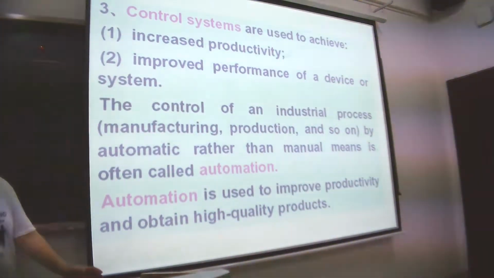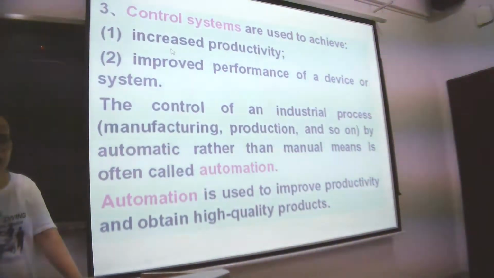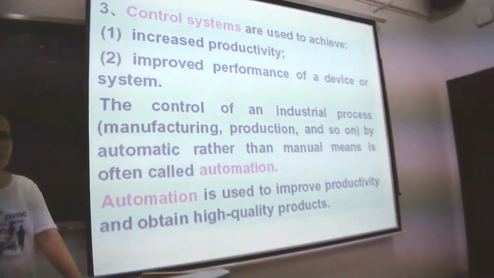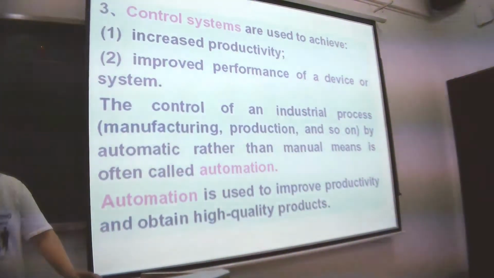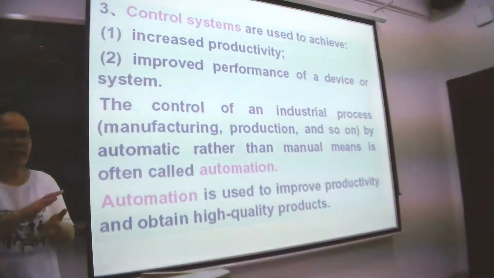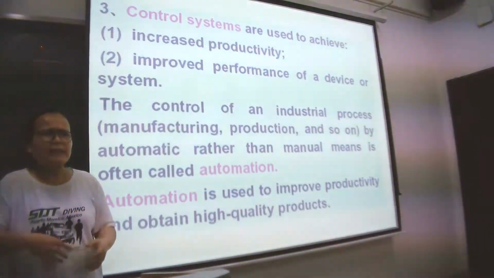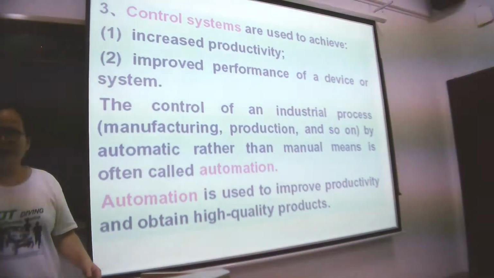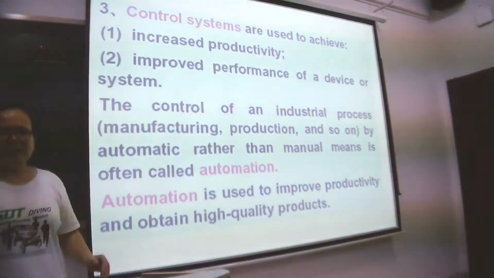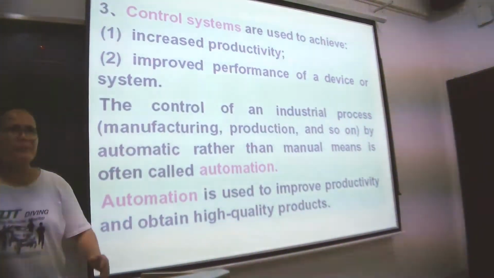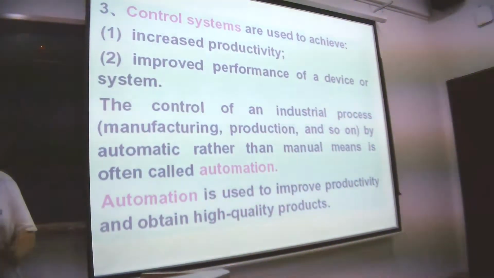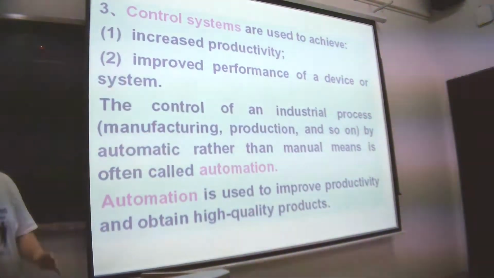Now, control systems are used first to increase production rate. If we do something by hand, it's very slow. But if we do it by machine, it's very quick. If we walk to a place, it may take many days. But if by car or by train, it's very quick.